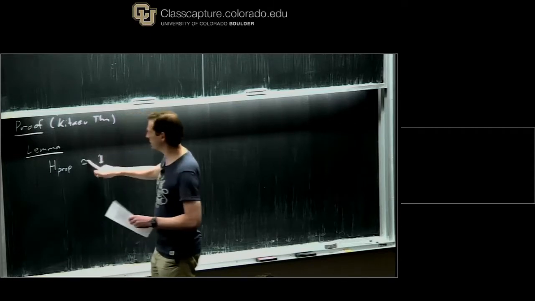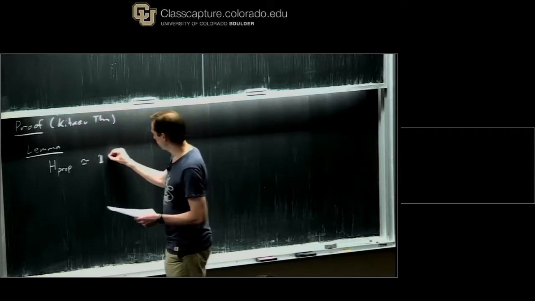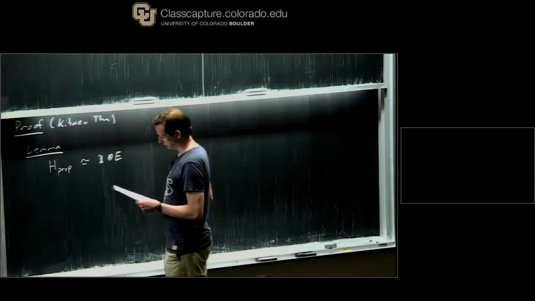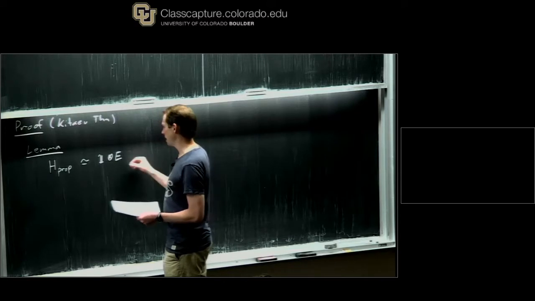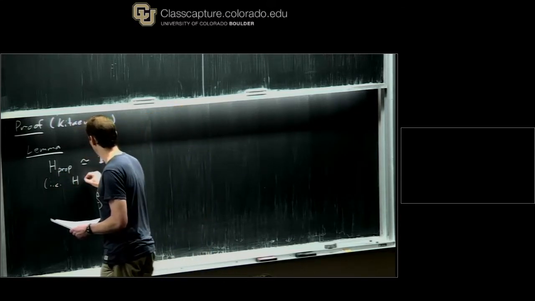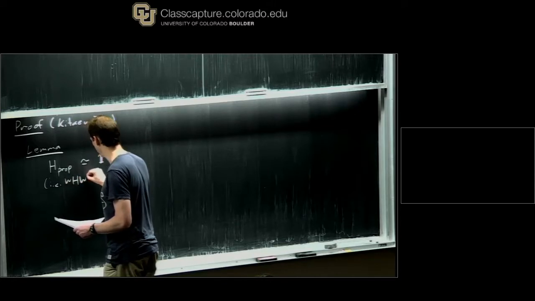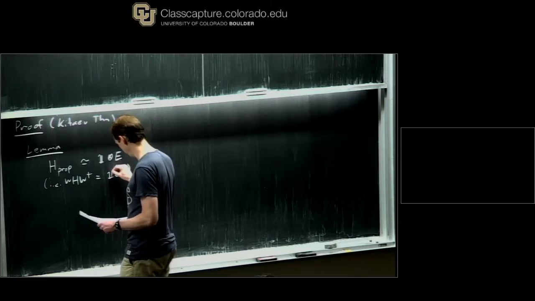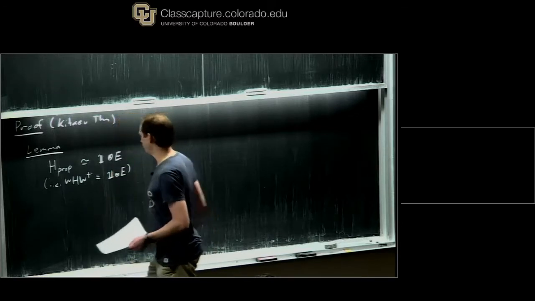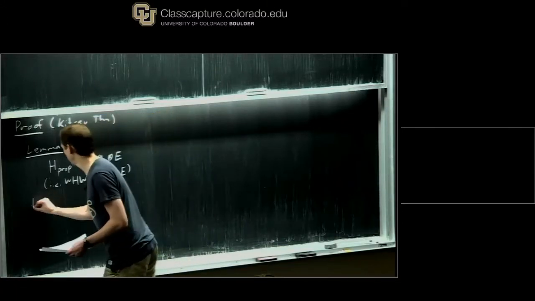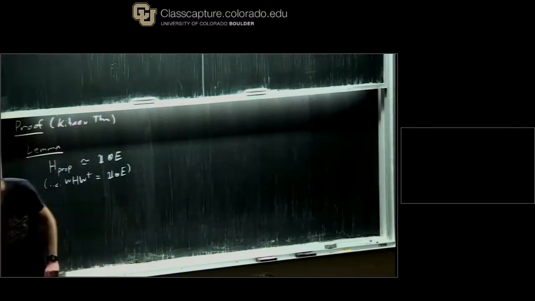By this squiggle equals, I mean this is equivalent up to a unitary conjugation, i.e., W H prop W dagger for some unitary W is equal to identity tensor E, where E is some matrix I'm about to write down. And what's this E?